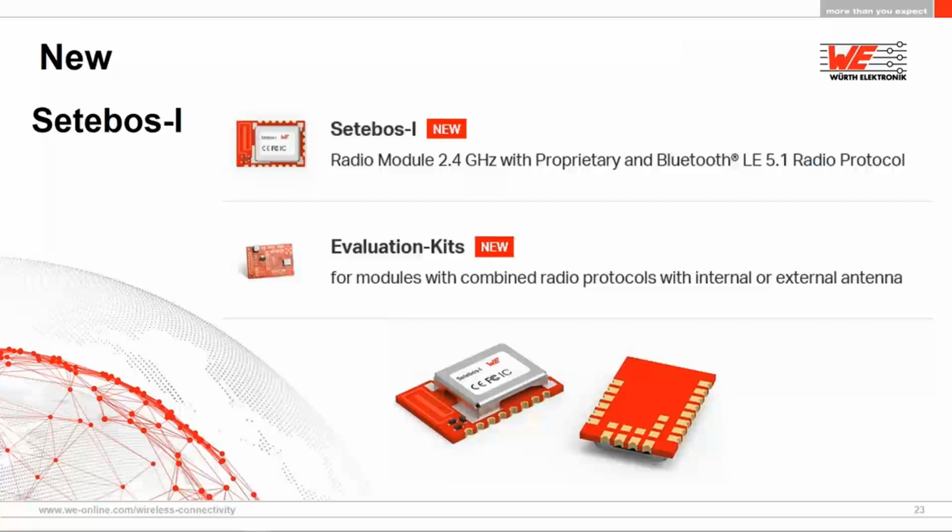Now, by using one of these pins underneath the bottom of this board, connecting them high or low, you can actually select the module to start either in a proprietary mode or in the BLE mode.